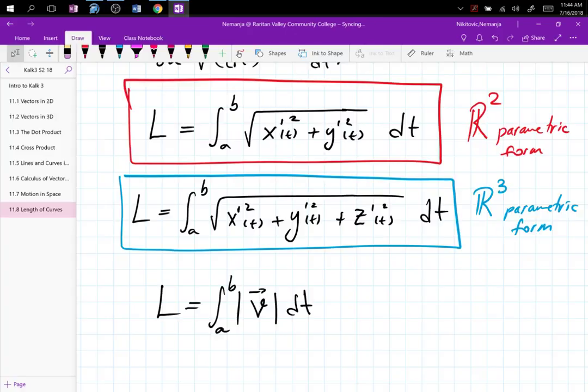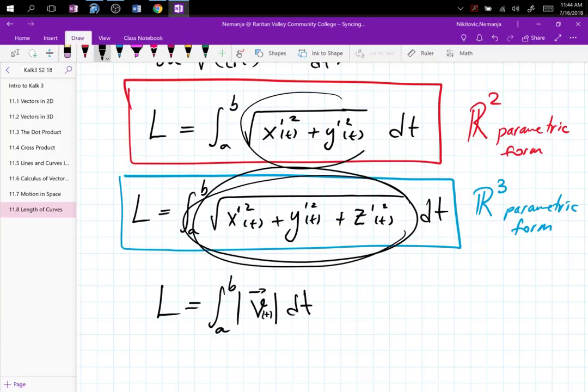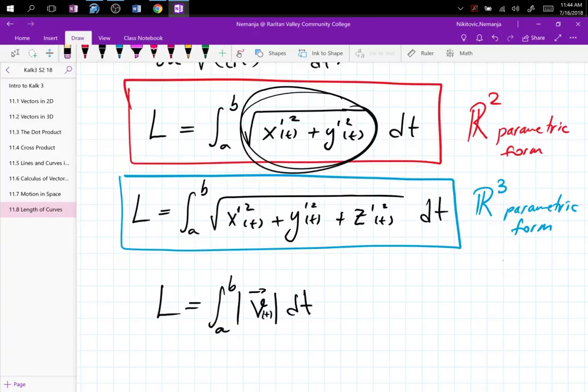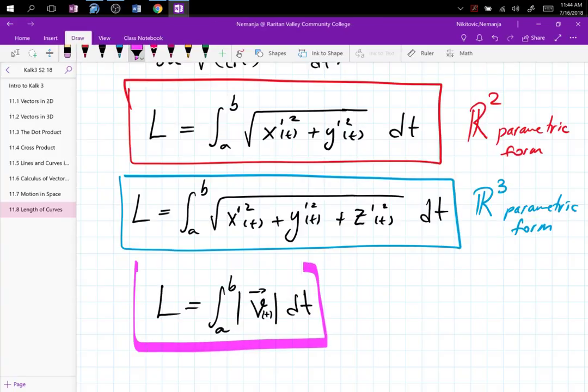So this is the boss equation, because we know that this thing over here is the speed. This is also speed in 2D. The one on the bottom is speed in 3D. So depending on what dimensionality you have of your vector. But this is the boss equation here because this one works in any dimension. Whatever amount of components I have, whether it's 2D or 3D.